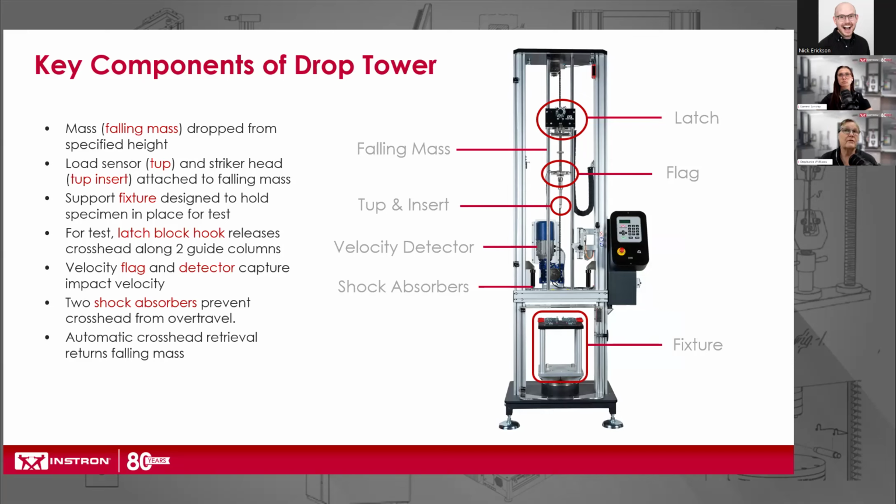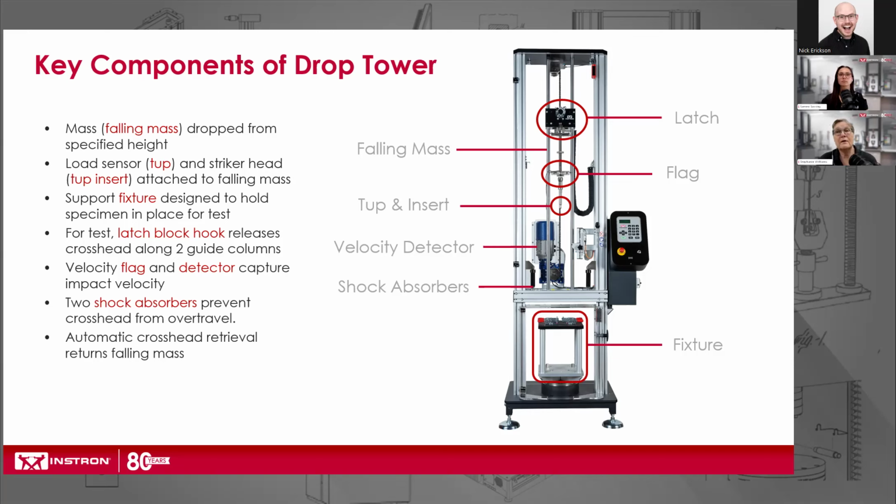We also have a tup or load cell attached to that mass, and attached to that tup or load cell is an insert of a defined size and shape as per the test standard. We have a velocity detector that catches the flag as it passes through. We have shock absorbers or a means to stop the falling mass at the end of the test. And we also have a fixture to support the test specimens.